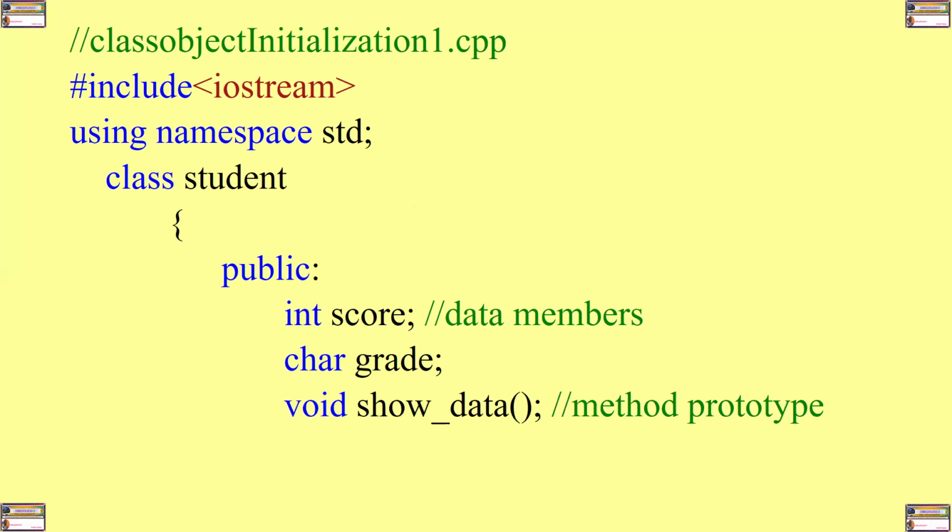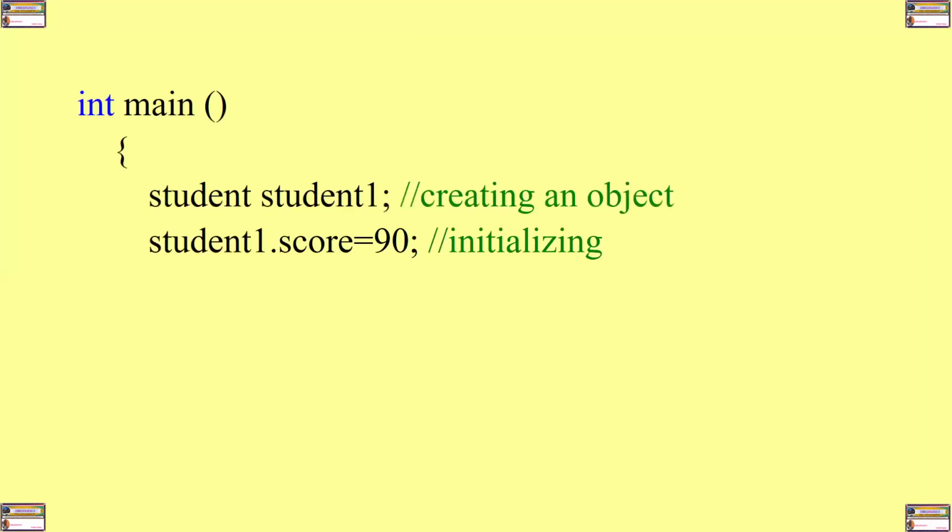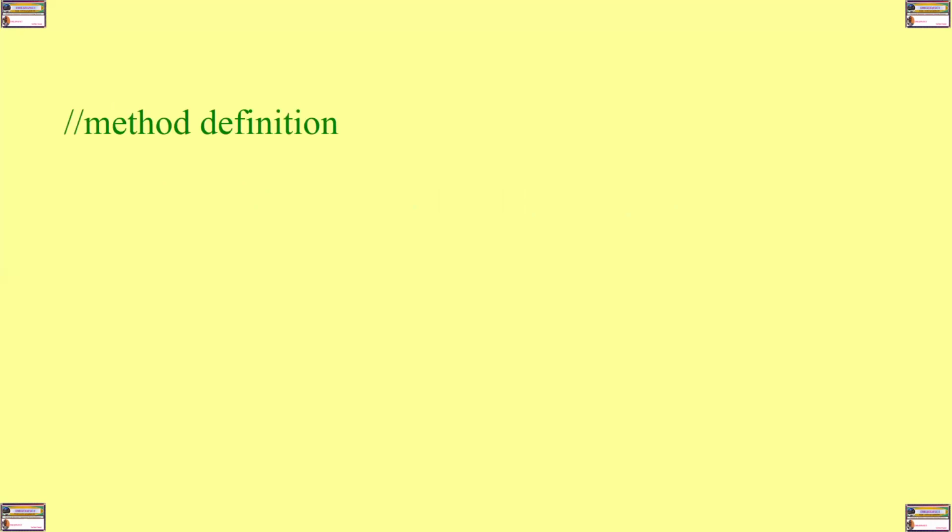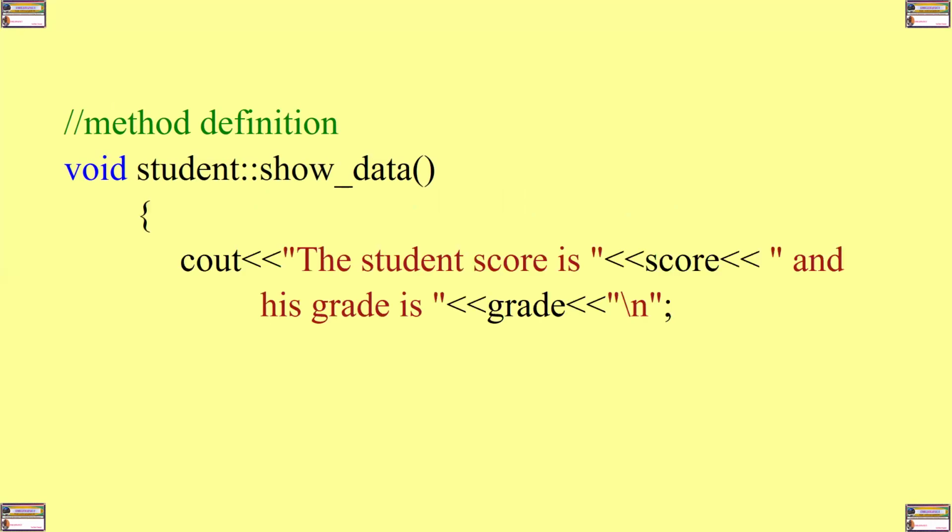But this is a prototype. So the compiler will look for the definition for that function. Here it is. So what will it do? It will execute the statement inside here: display on the screen the student score is, then the value in the member underscore, then display the next string, and his grade is.